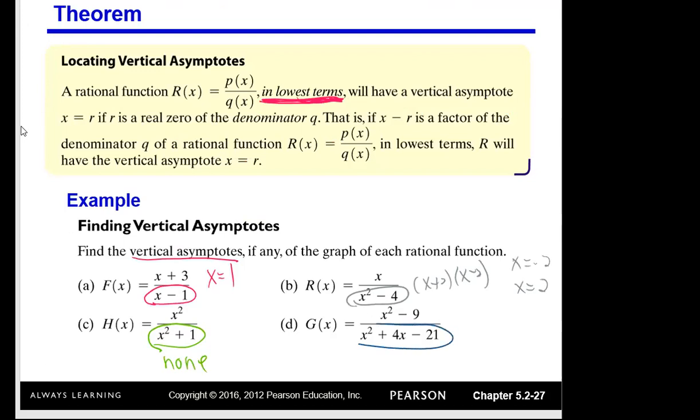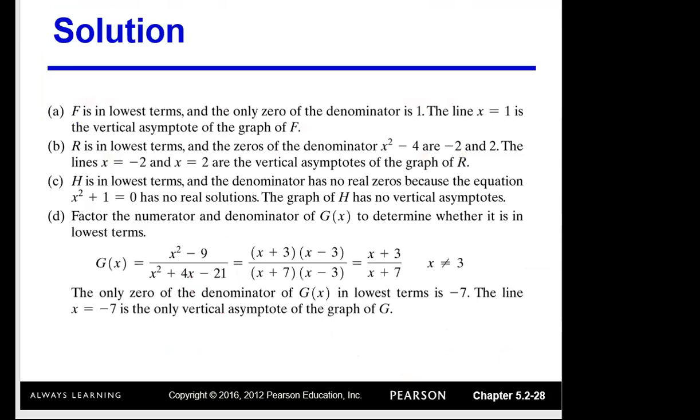And then this one, I have to factor it to see it, x and x plus 7 and x minus 3, so my vertical asymptotes would be at x equals -7 and x equals 3, which will be the numbers that would be left out of the domain. On the green one, I would simply say all real numbers. On that graph, nothing would be left out of the domain.